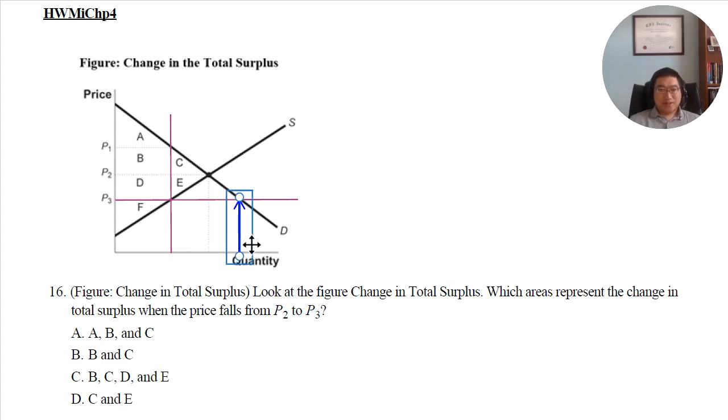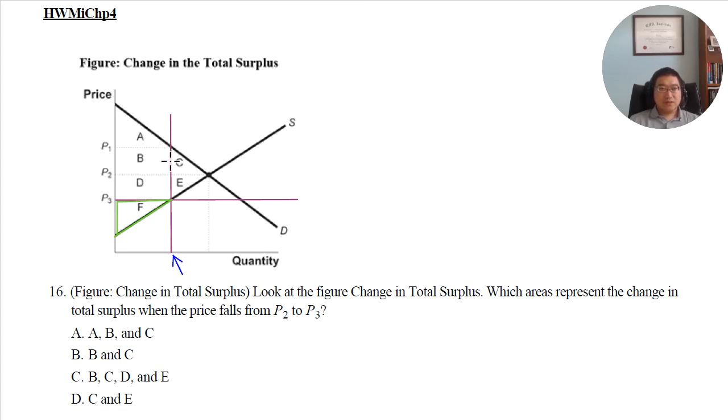So the only quantity traded in the market is this quantity. And now we are pretty sure about the producers. Producers only get area F, this small triangle, as their producer surplus. Okay, this green one.